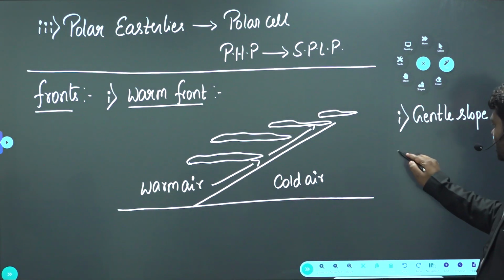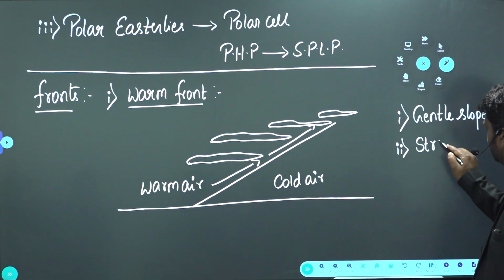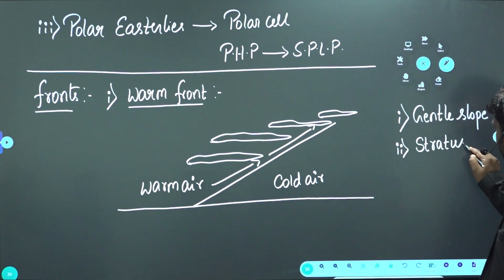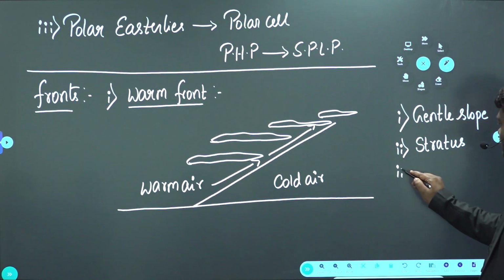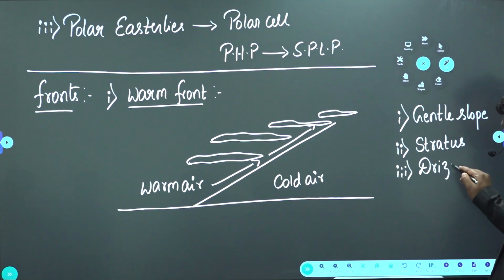Okay, what are the types of clouds that are normally formed? Stratus clouds. And because of this, you will normally observe drizzling rainfall. In questions, they will always give characteristics. Will you have thunderstorms, lightning if you have stratus clouds?